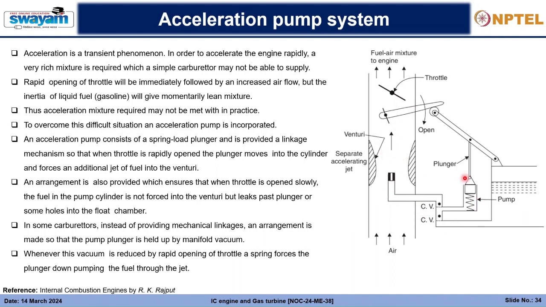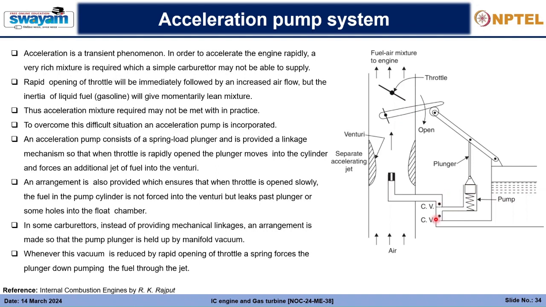But when there is a very small rate of throttle position change, the throttle is opening very slowly, then this motion will have very low velocity, and accordingly the plunger will have very low velocity when it is entering into the cylinder of the pump, and during that, all the oil which it needs to pump out will leak out and come into the float chamber.